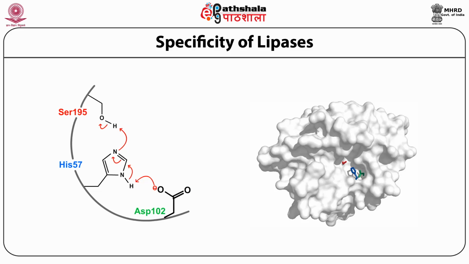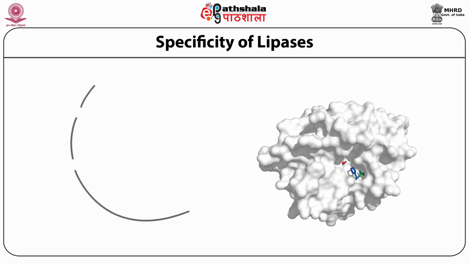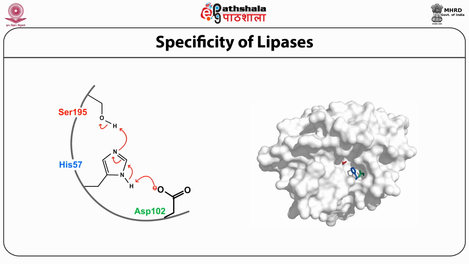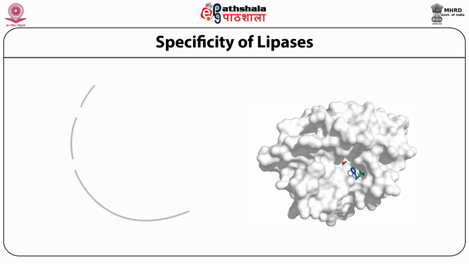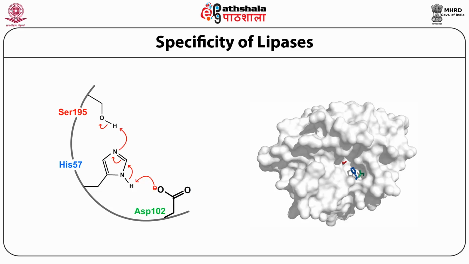In these structures, the core of parallel beta strands is surrounded by alpha helices. The active site of lipase consists of a catalytic triad of serine, histidine, and a third residue, an acidic amino acid side chain, which can be either aspartate or glutamate.